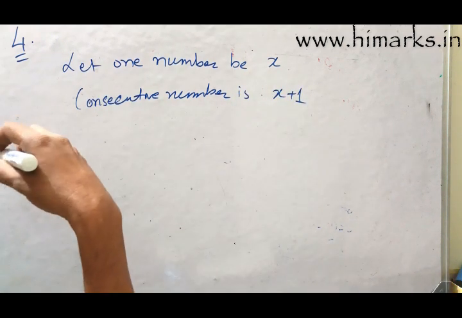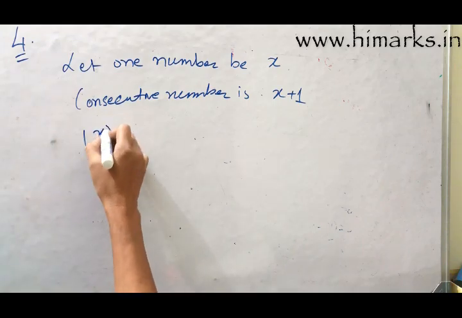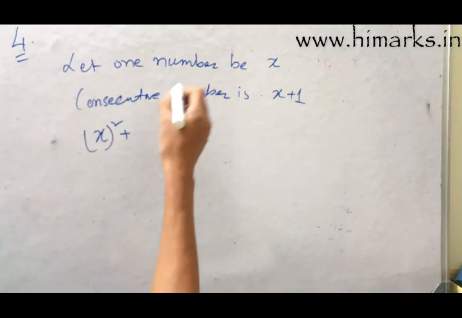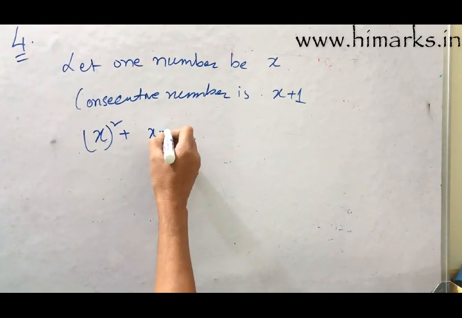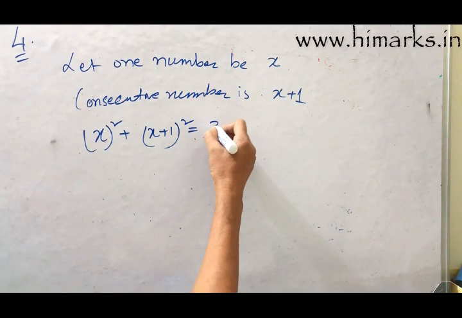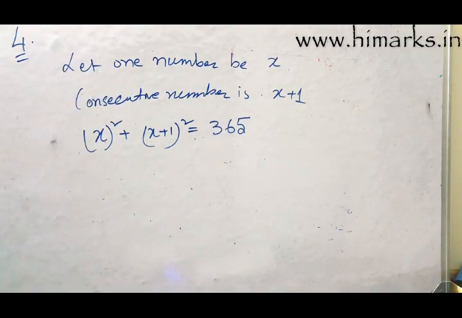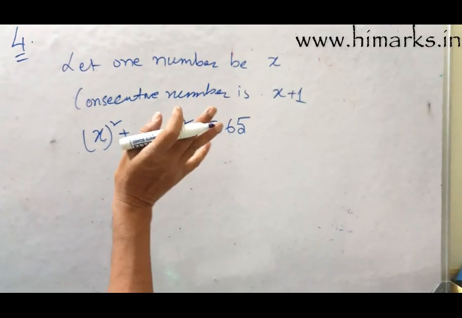Okay, now what has happened is, these squares and these squares, the sum is 365, right? Sum of whose squares is 365. So this is the thing given.